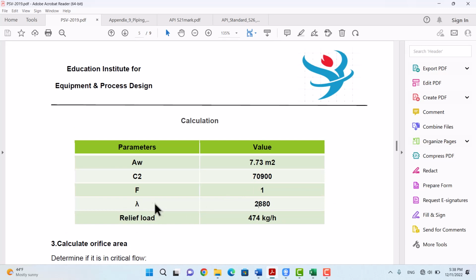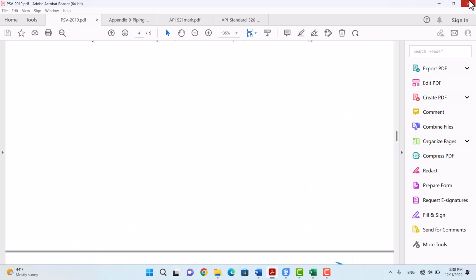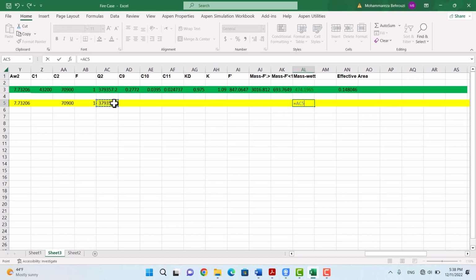So in order to calculate the relief load in kilogram per hour, of course, I need to make some conversion between watt and kilojoules. So here I'm gonna do the calculation. It equals the heat input divided by the lambda ratio.